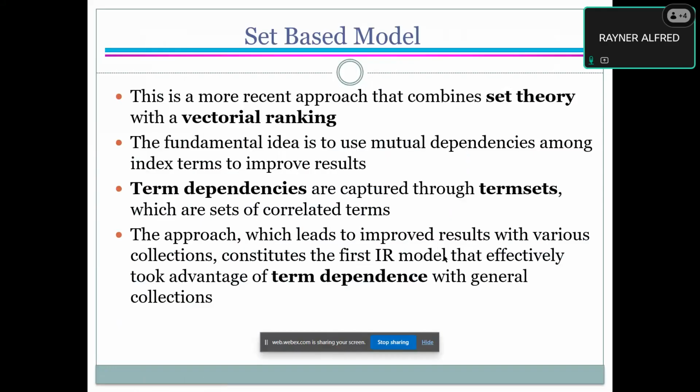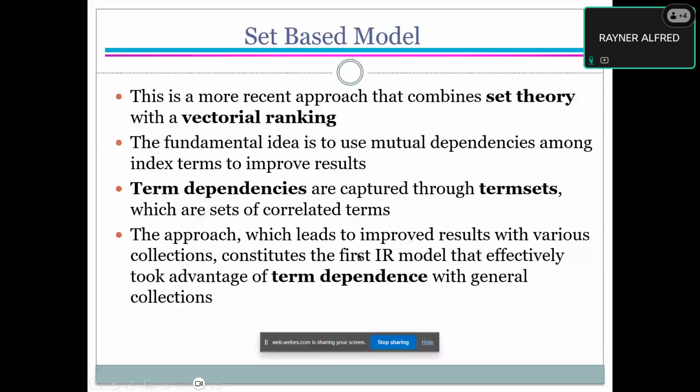This approach will improve the retrieval result because in most cases, some of the terms always come together, like for example computer science, software engineering, and network engineering. So we have to look at the possibility of having more than one term in our document.